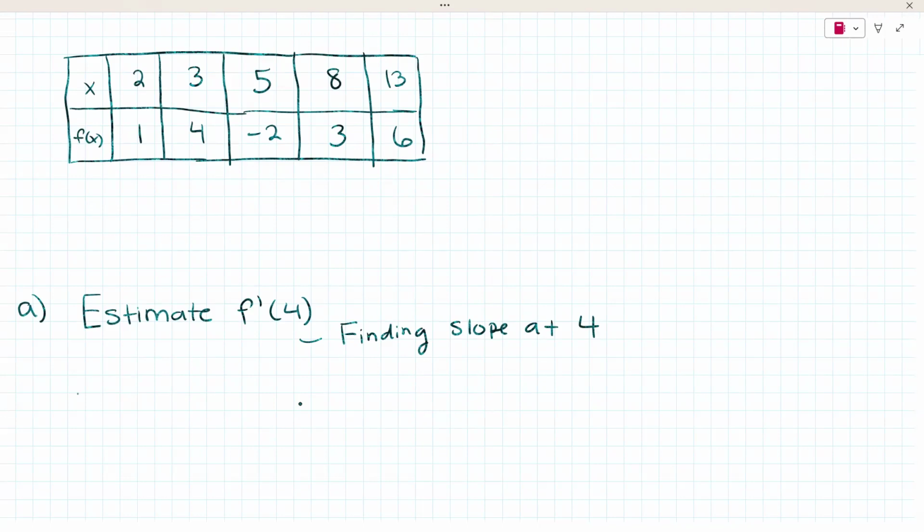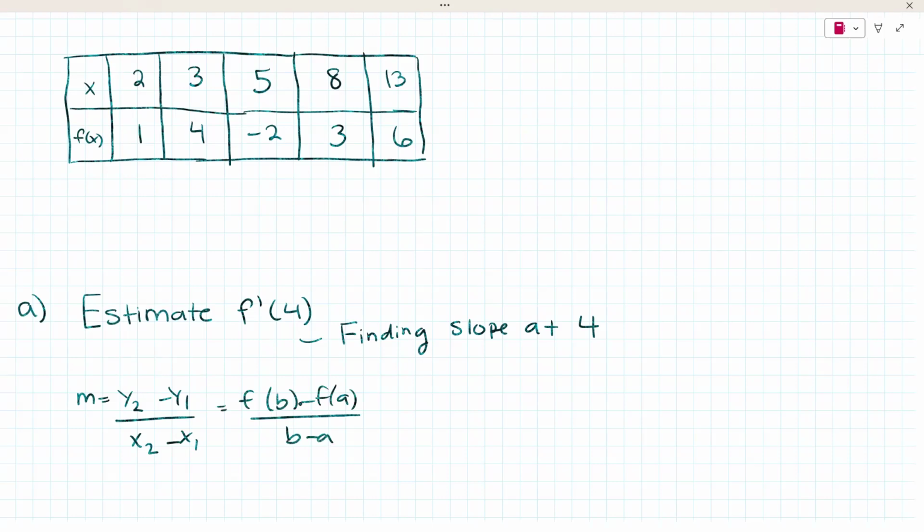What is the formula for slope? It's y2 minus y1 over x2 minus x1, right? It's also f of b minus f of a over b minus a.